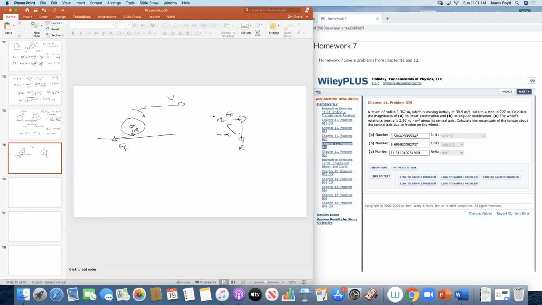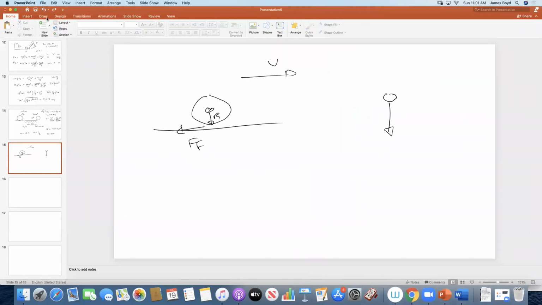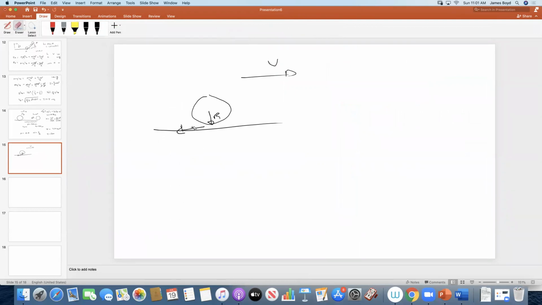So it's a little weird. This friction I have actually pointed in the wrong direction. And I'll explain briefly why it's pointed in the wrong direction.